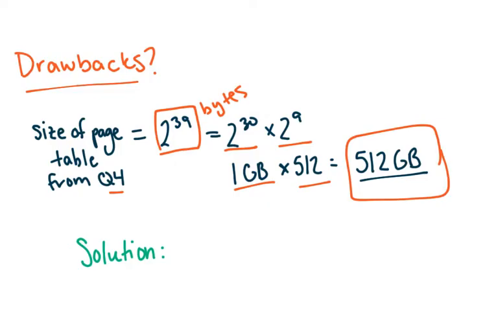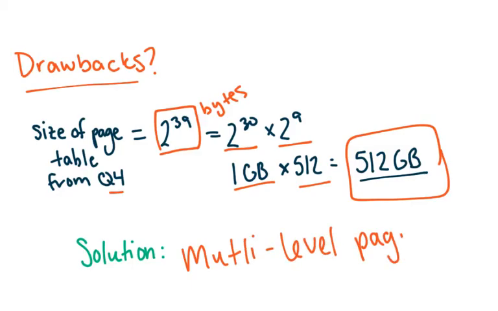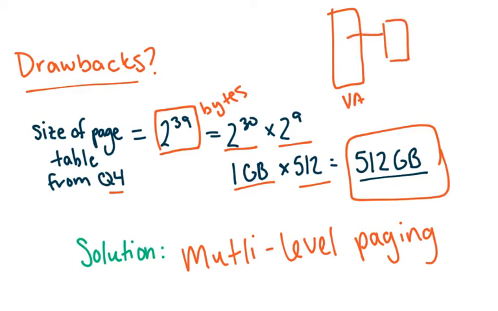So the solution to this is multi-level paging. The general idea here is that you have your virtual space, and that's going to index into an outer page table, which then is going to index into a series of inner page tables.